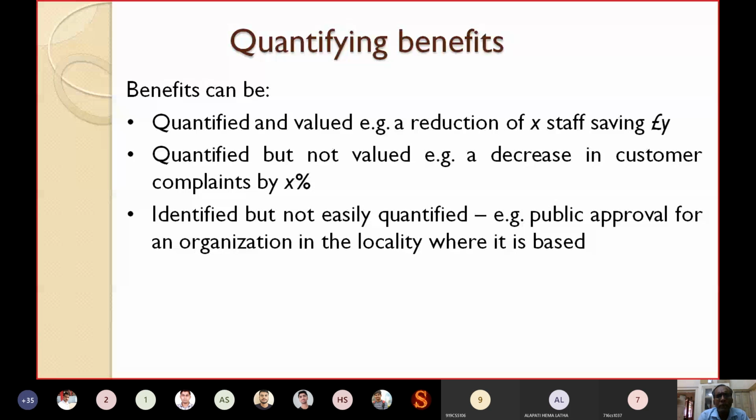Another kind of benefit which can be quantified but it cannot be valued. For example, decrease in customer complaints by X percentage. While you are doing it manually, you are getting a lot of complaints every day. But after automating, people are able to give their complaints through email, WhatsApp, SMS, etc. So the number of complaints will be less, and indirectly you are getting some benefit.